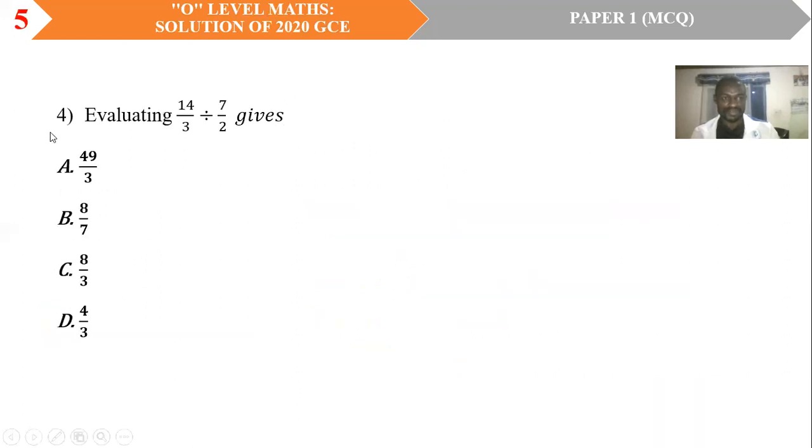Question 4. Evaluating 14/3 divided by 7/2 gives. Solution. The idea here is division, and the rule for division says that when we are dividing one fraction by another, the second fraction is inverted. We use the reciprocal of the second fraction.